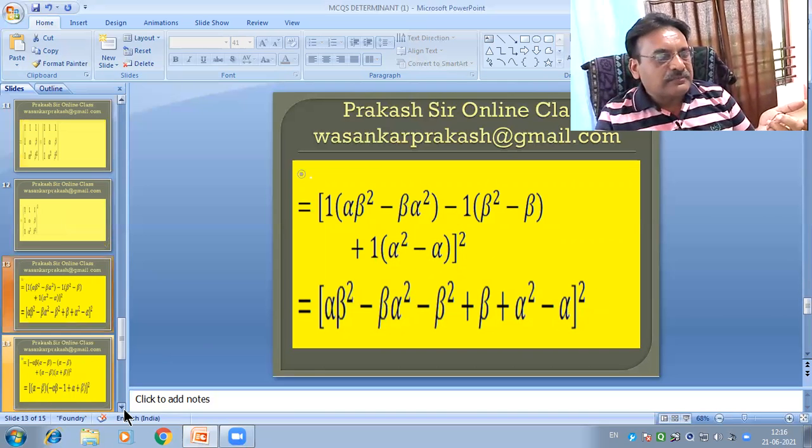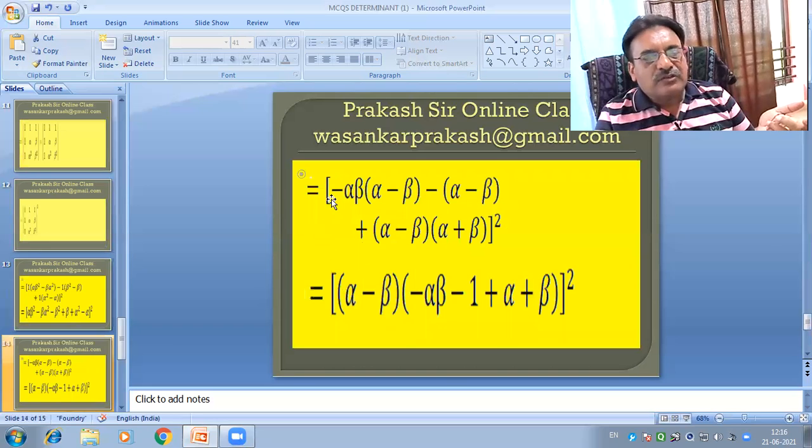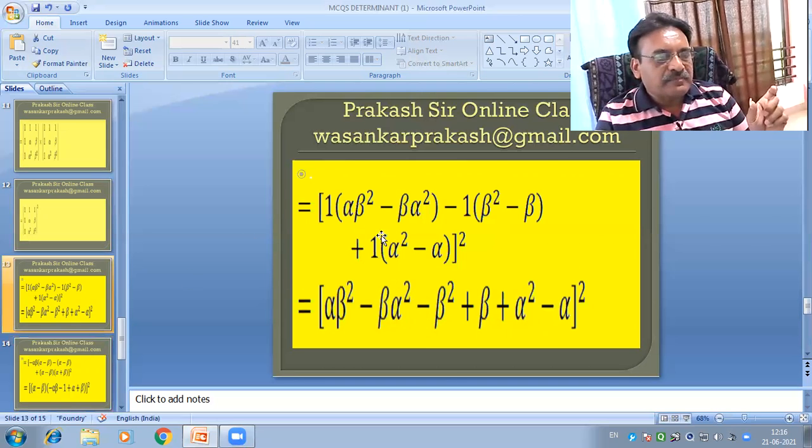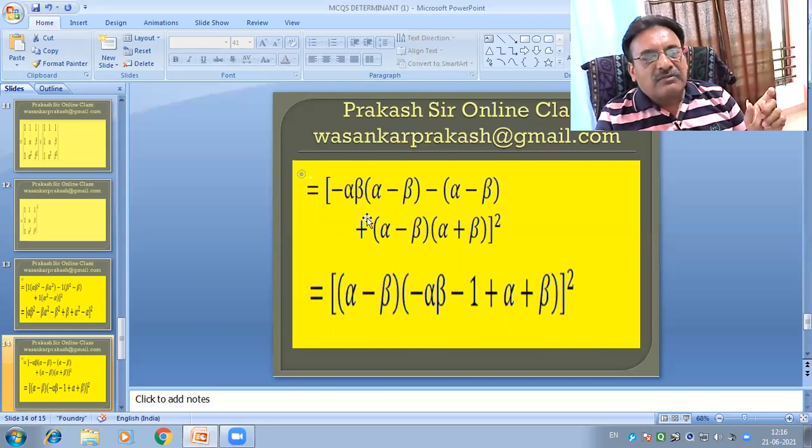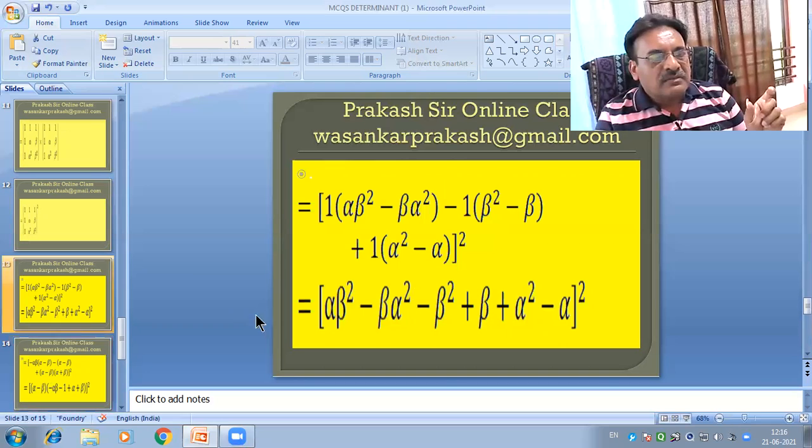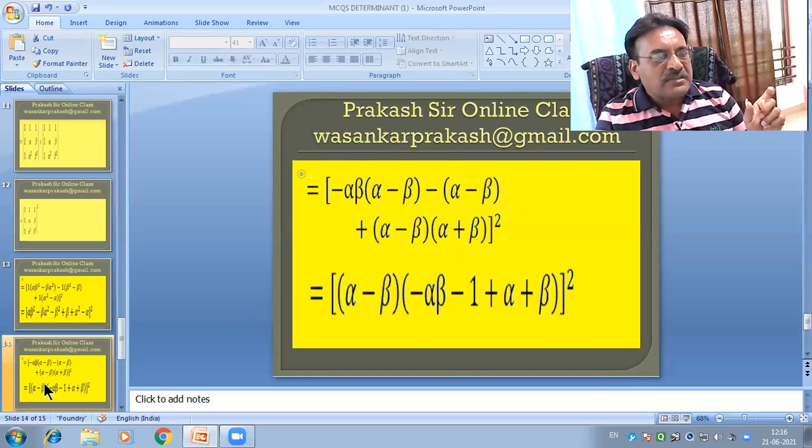Again we solve this, which is equal to, in the first bracket, minus alpha beta take common, then in bracket alpha minus beta, minus beta plus, from the first bracket, minus alpha beta take common, then alpha minus beta, minus alpha minus beta plus alpha minus beta into (alpha plus beta) whole square.